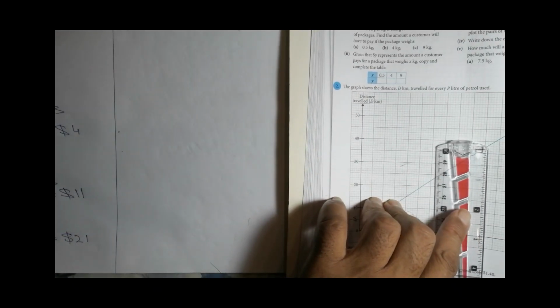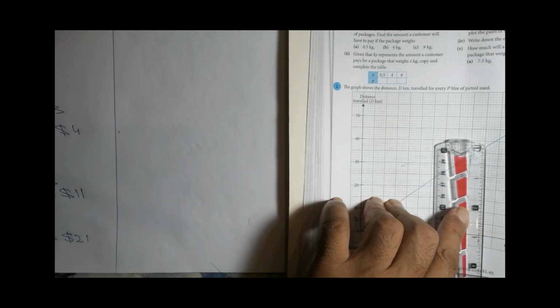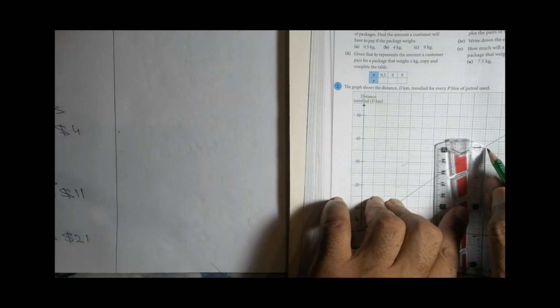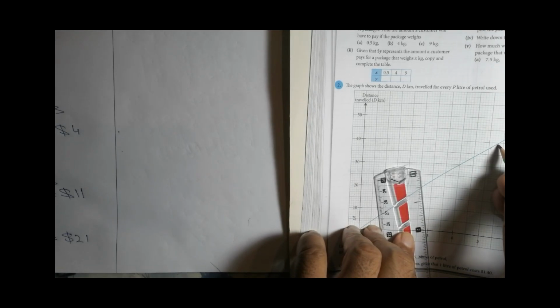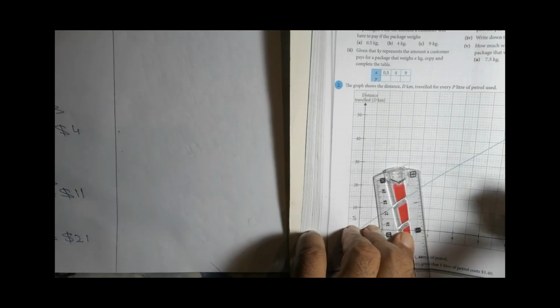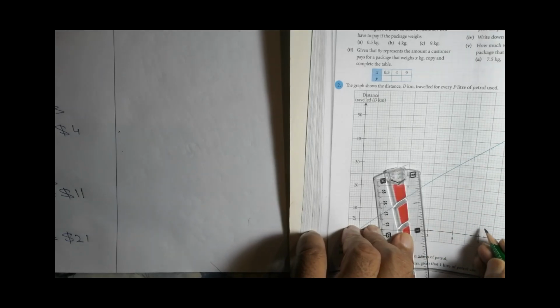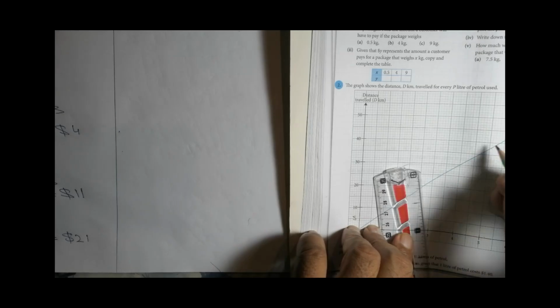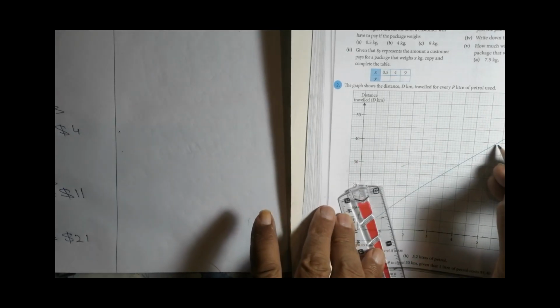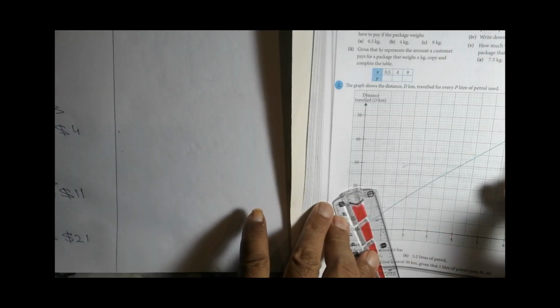If we see straight, this point is this one, 5.2. So this is 39. This point is actually one small square below the 40. The prominent point is 40.